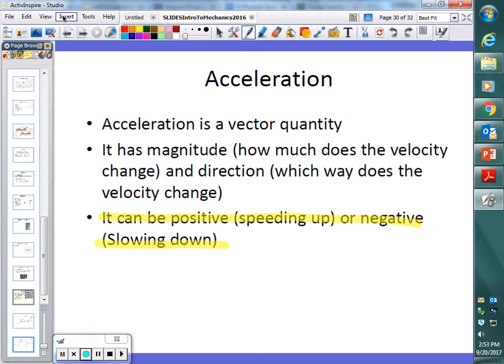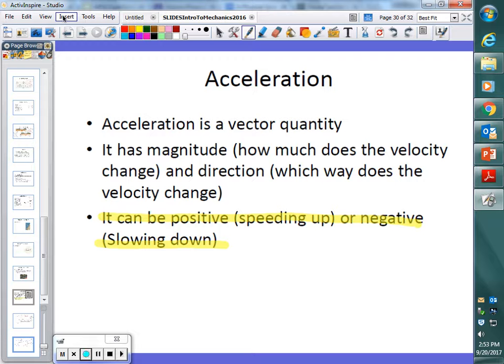Positive acceleration is not always speeding up. It can be as long as the car is moving in which direction? Well, in the positive direction. Negative acceleration is not always slowing down. Negative acceleration is slowing down if the car has a positive velocity.